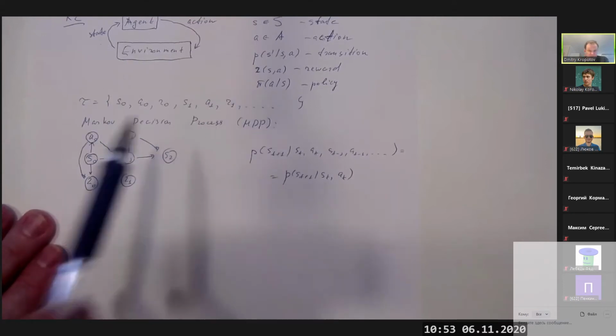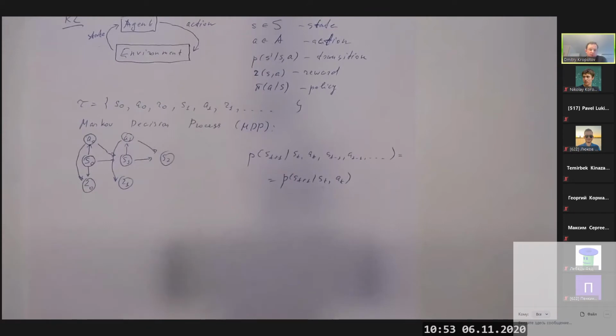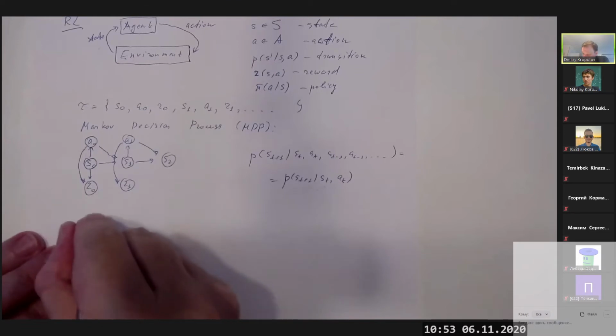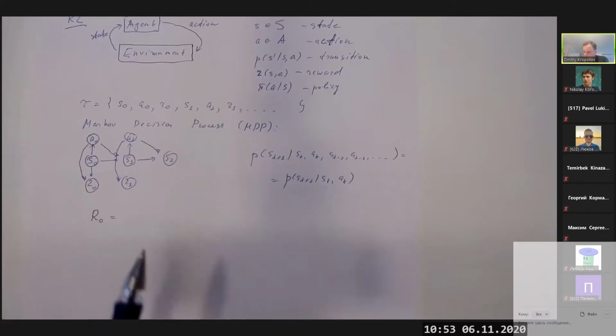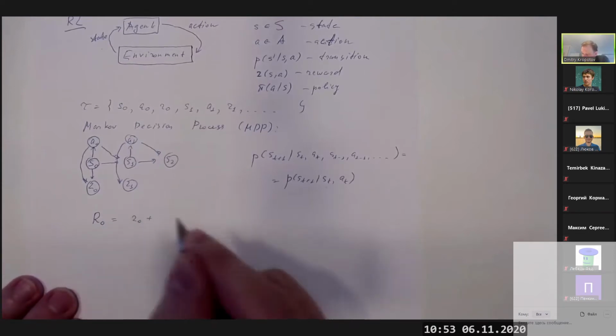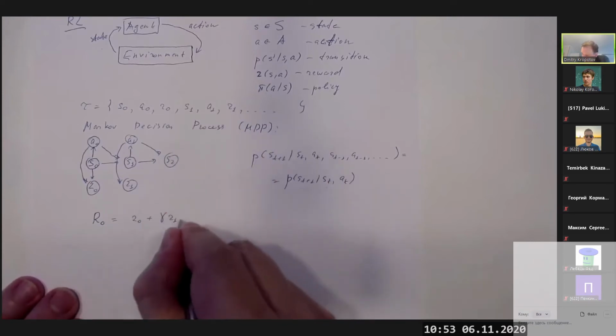Okay, this is our situation, our agent moving within the environment, collecting some trajectory, and what we would like to learn here, what we would like to achieve. We collect what is called a cumulative reward, which is just a summation of rewards from every time moment, plus what is called a discounting factor.